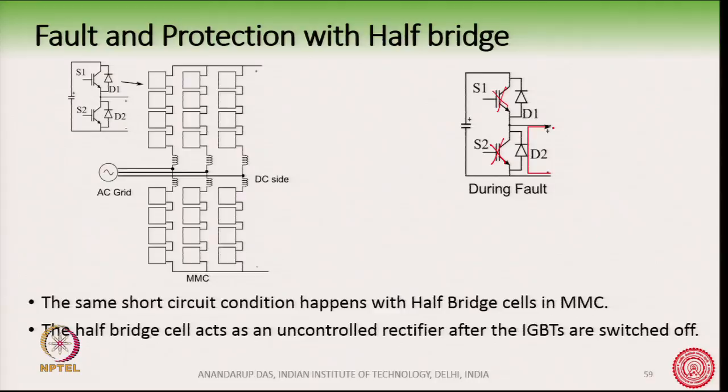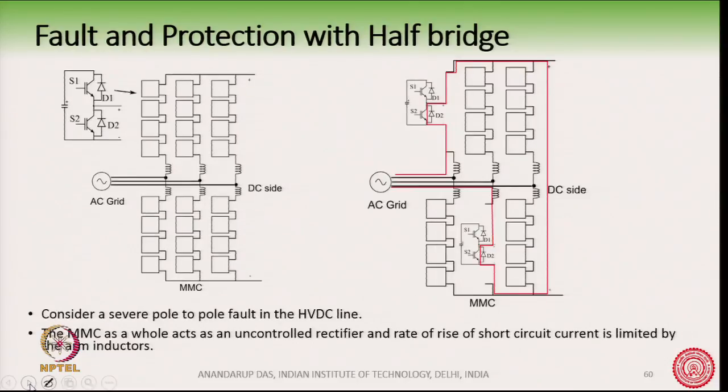Suppose now this MMC is acting as a rectifier for an HVDC line, and we have a very severe pole to pole fault in the HVDC line. So, this is a very severe fault here and there is a pole to pole short circuit. Now, remember, as a design engineer you have to protect the MMC, you have to protect your converter.